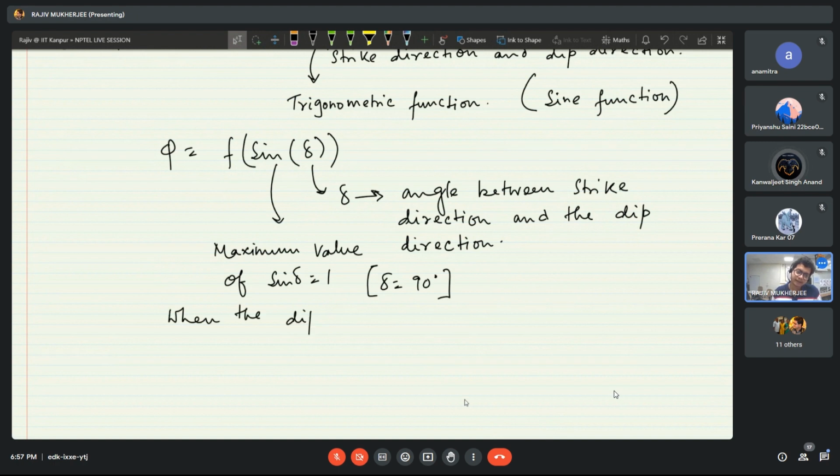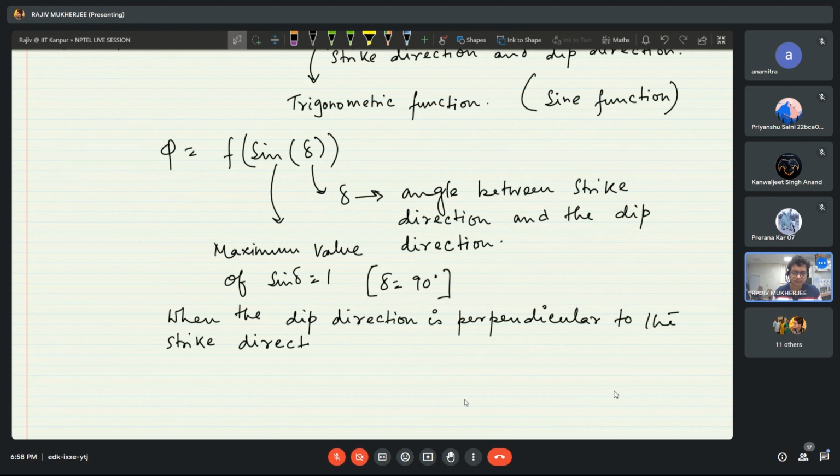dip direction is perpendicular to the strike direction, right? When the dip direction is perpendicular to the strike direction, the dip amount will be maximum.